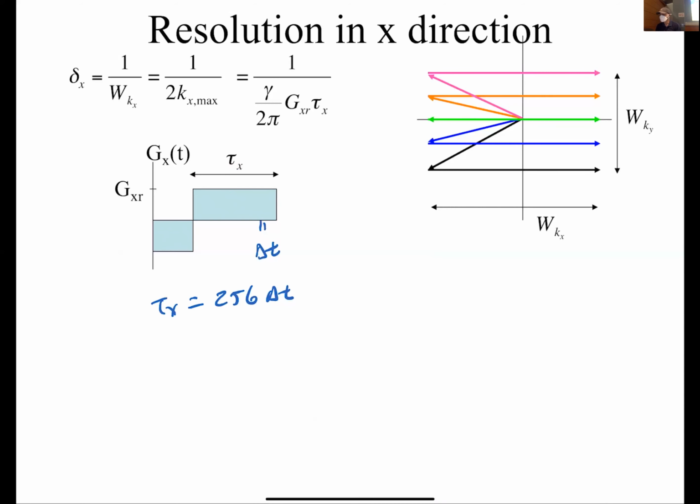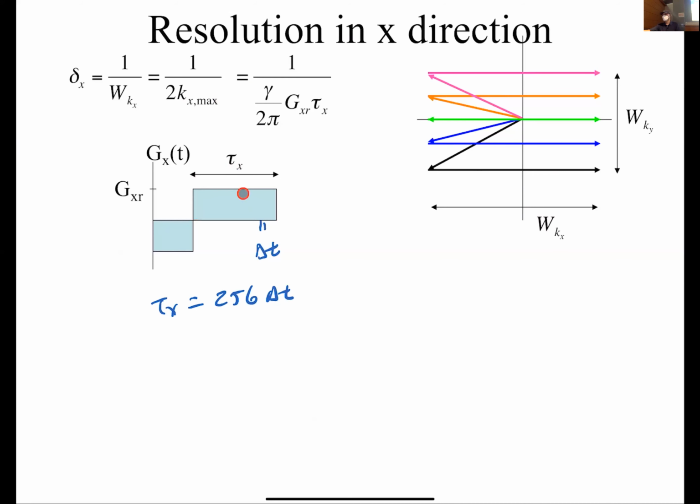All right, so let's look at this. You're given delta x, so then you can figure out what WKX should be, and that's equal to 2 times kx max. But it's also equal to just the area of this whole thing, because the area of this covers how much you travel from one part of k-space to the other.